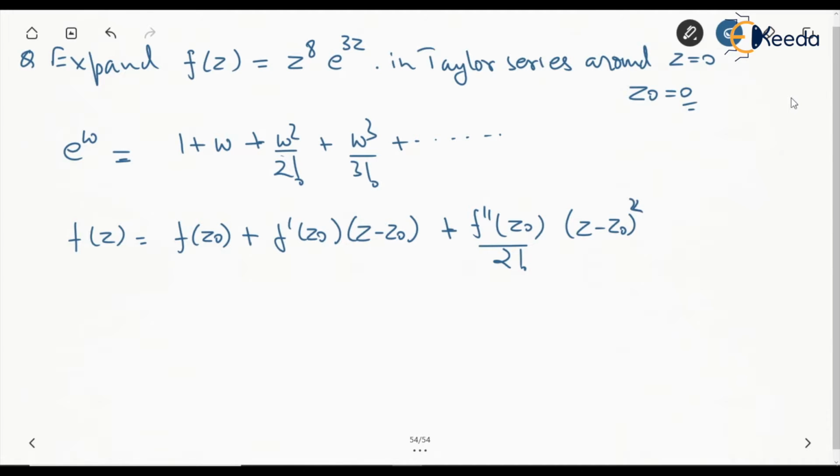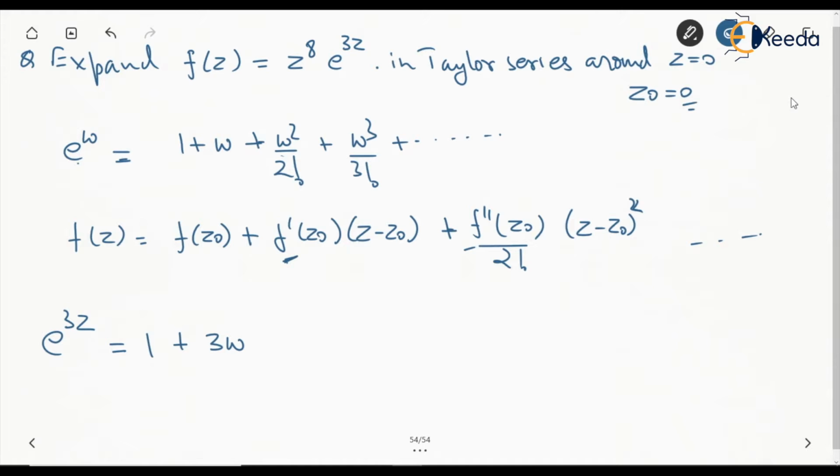So we can see that every time we are differentiating this f, first derivative, second derivative, and so on. As long as this is e to the power w, we are going to get 1 plus w plus w square and w cube and like that. But once this becomes e to the power of 3z, for the first term we will have only 1, but for the second term we are going to have 3w, right? Why? Because we have f dash of z naught.